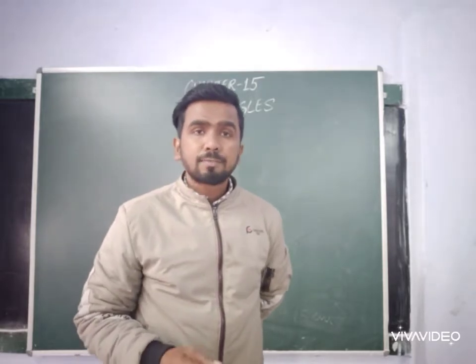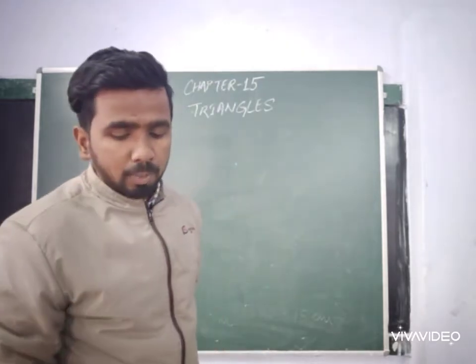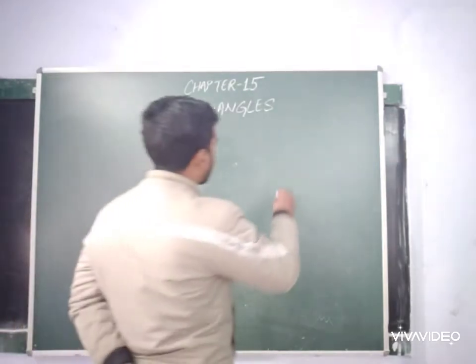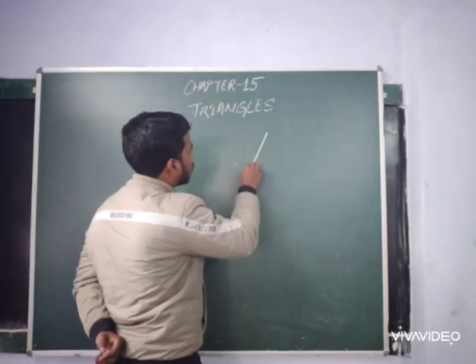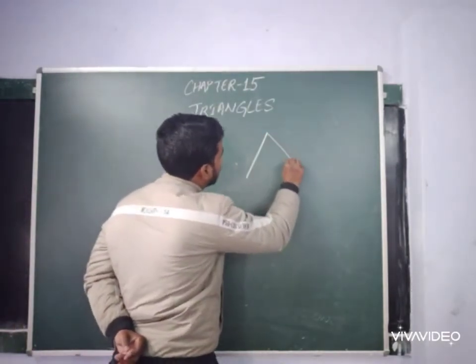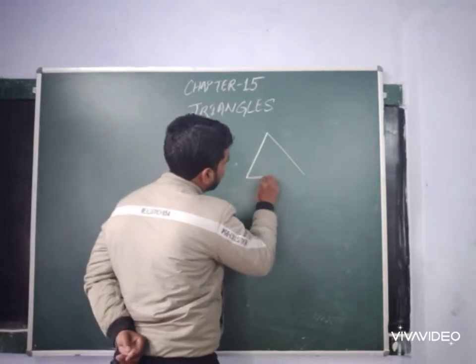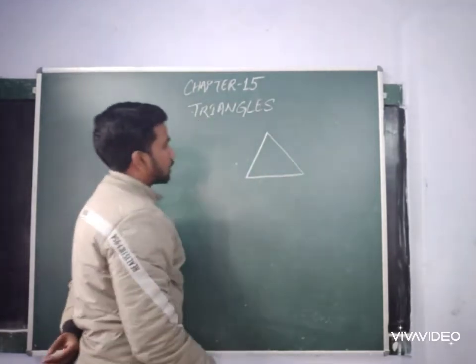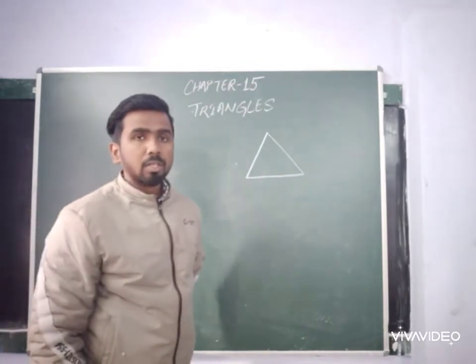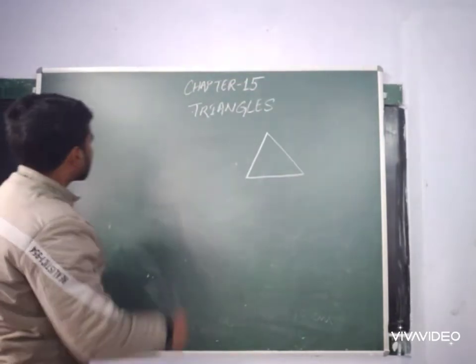So let us first understand what you mean by a triangle. We all know that the shape of a triangle is like this, something like a cone.